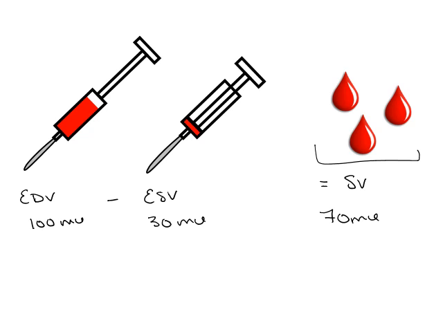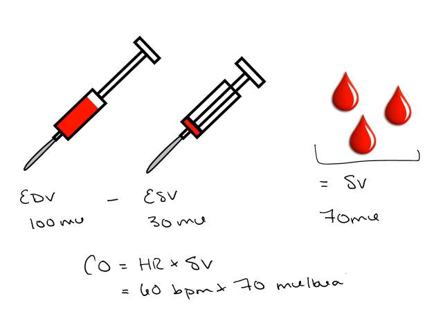Remember our first equation, that cardiac output equals heart rate times stroke volume? Well, let's imagine that we have a heart rate of 60 beats per minute and a stroke volume of 70 mils per beat. That means our cardiac output equals 4,200 mils per minute.